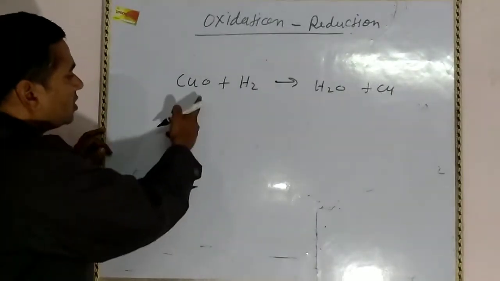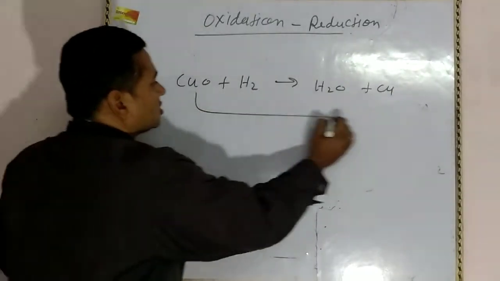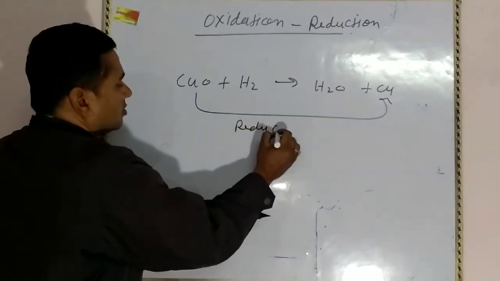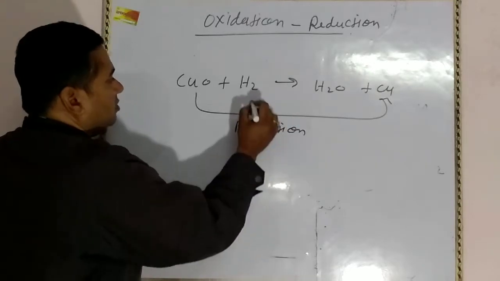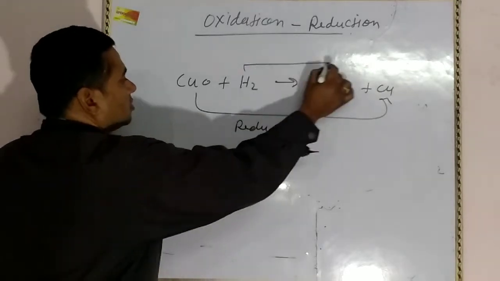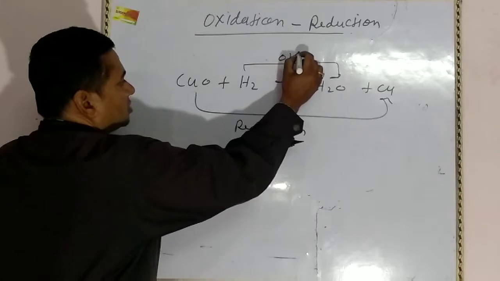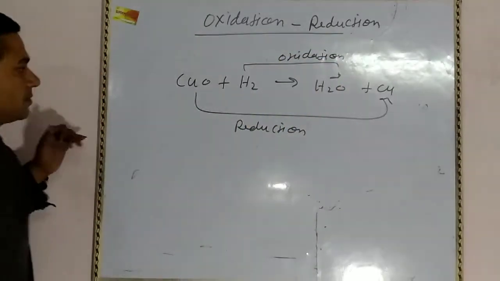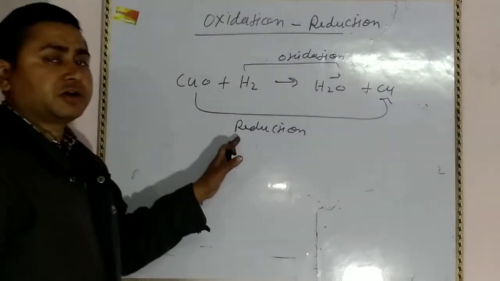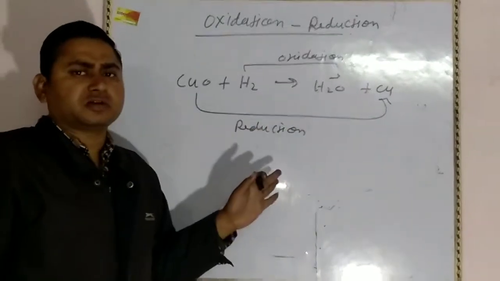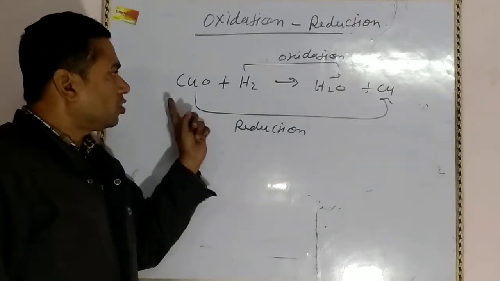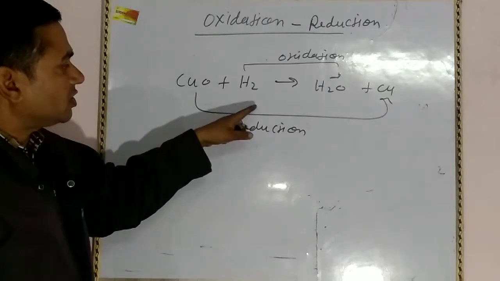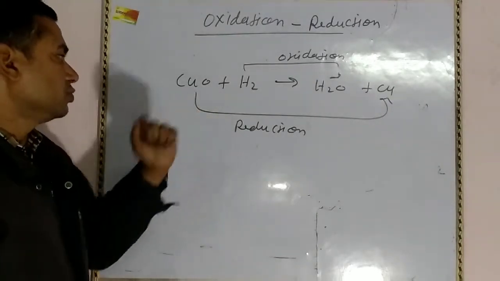Okay, so here you are also seeing there is reduction and here oxidation. So I gave you this example because I wanted to show you in every reaction you see both oxidation and reduction. One compound is oxidized, definitely another compound is reduced.